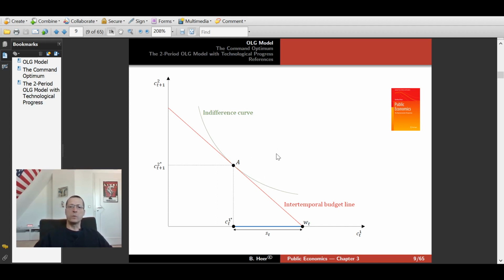Now, as a consequence, we have a new optimal intertemporal consumption point. And here, the effect of the interest rate on savings is not clear. And we will argue this in a more detailed version next.